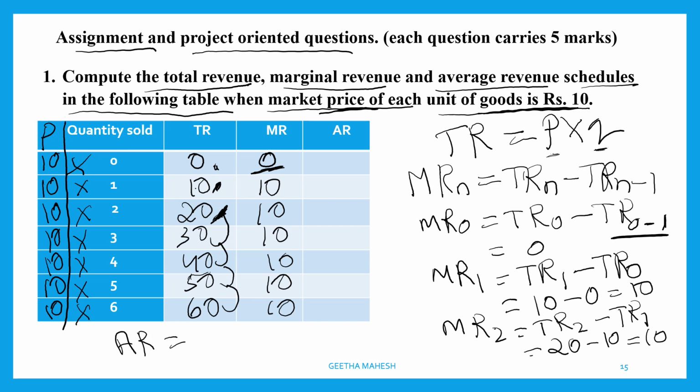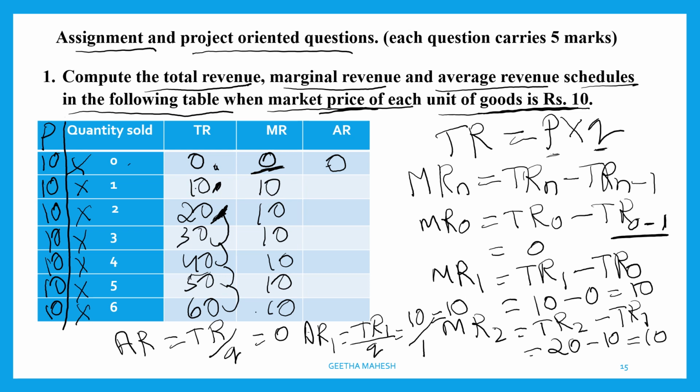Average revenue is equal to total revenue divided by quantity. So, total revenue you can consider 0. Total revenue is 0 for the first quantity sold is 0. So, 0 divided by 0 you will get a 0. Then average revenue of first unit equals total revenue of first unit divided by quantity, which is equal to total revenue 10, 10 divided by 1 equals 10.